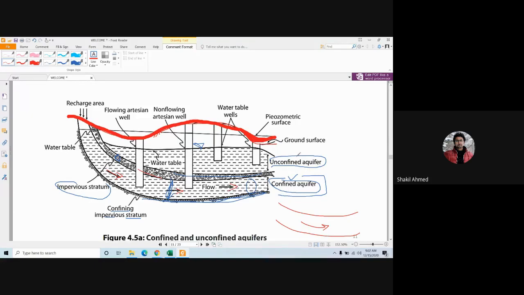But in the case of the unconfined aquifer, if you see here, at the bottom there is an impervious stratum, that's okay, but at the top there is no confining impervious stratum.